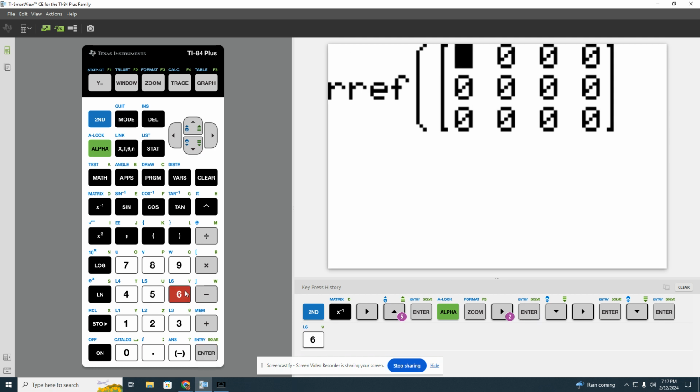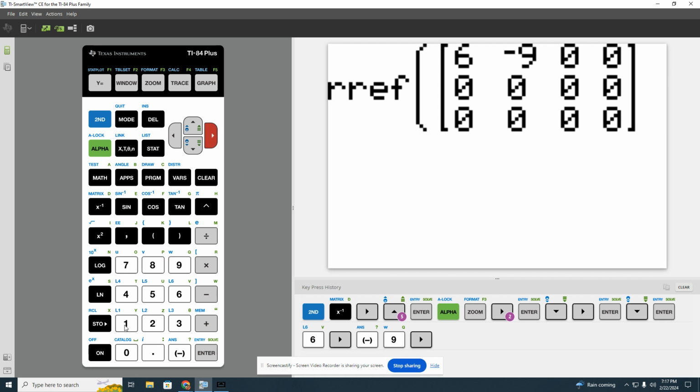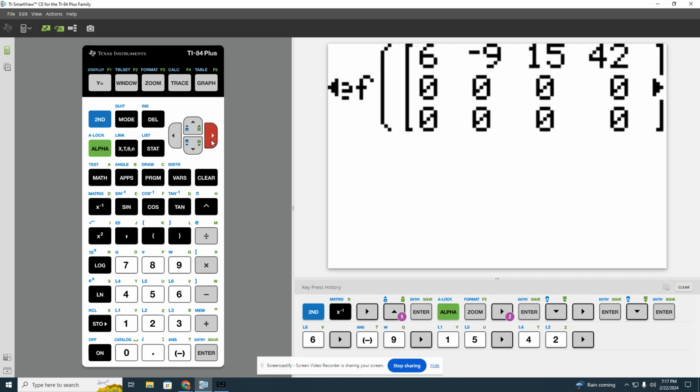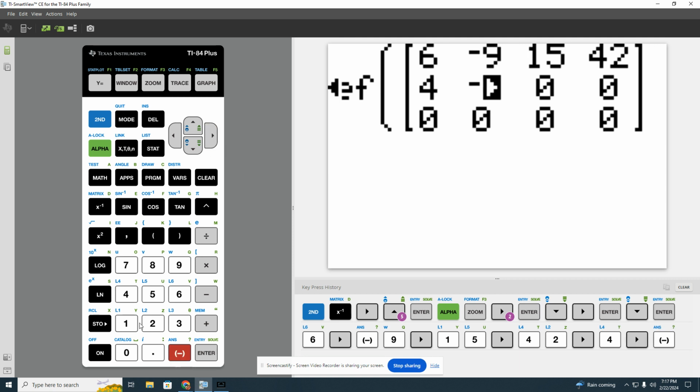So if you're looking at your paper at 6, that's -9, that's 15, and 42. Next, you've got 4, you've got -1, you've got -2, and you've got -17.